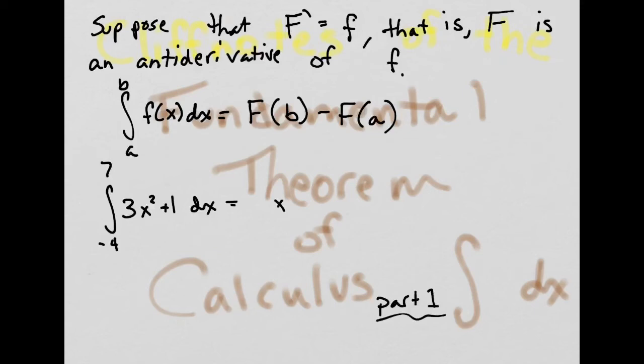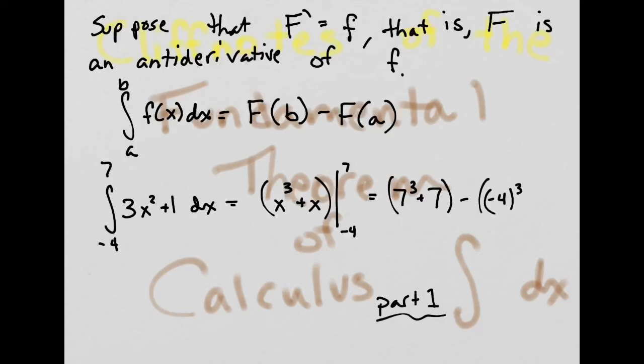And so the antiderivative is going to be x cubed plus x. All right, so that's our antiderivative. And then you do this bar to mark that you're not done, from -4 to 7. So that's going to be 7 cubed plus 7 minus (-4) cubed plus -4, which is equal to 418.